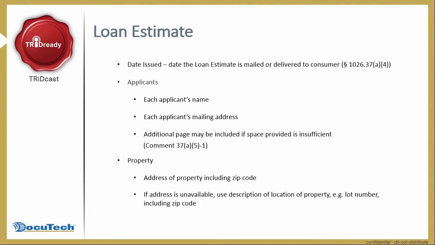What we need to do is list each applicant's name, and we need to list each applicant's mailing address. Because we can have multiple borrowers and the section for this general information is so small, the CFPB allows us to add an additional page, if need be, to include all of that information for the applicant's name and mailing address.